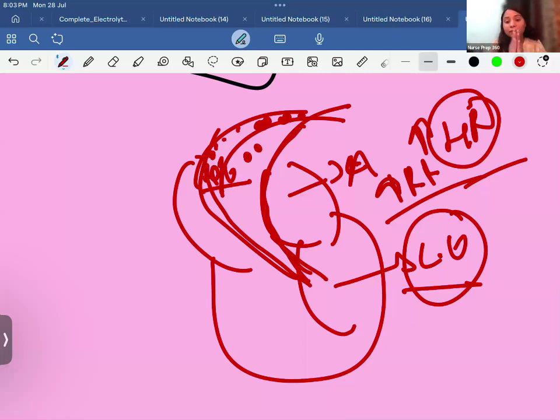Does anyone know what is tactile fremitus? Okay, now understand one thing. Just put your ear on your table and scratch. Everyone just do this thing. Just scratch like this in the air.